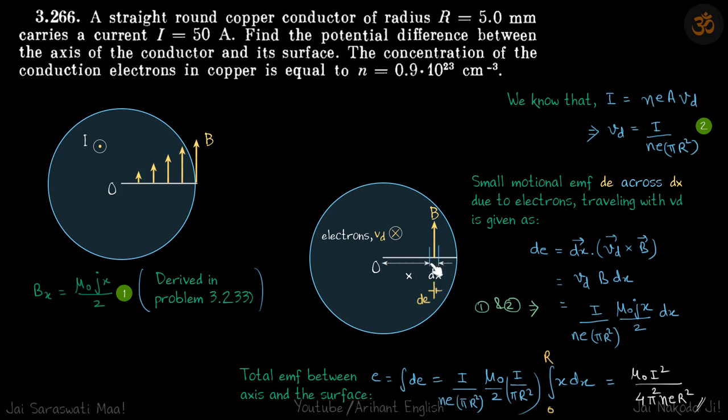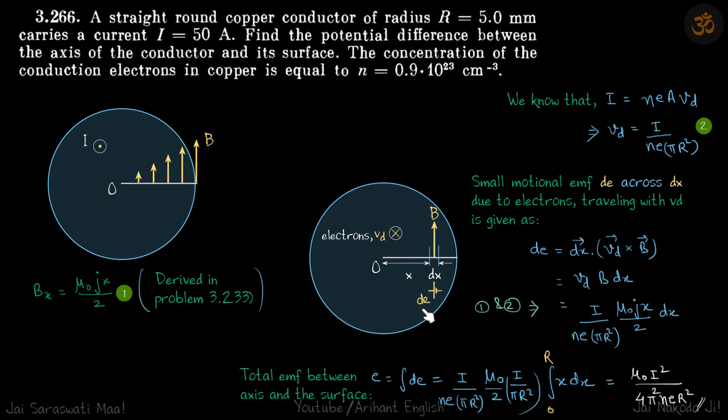So at a distance x, we consider a small length dx. So if the current is coming out of the plane, electrons are traveling inside the plane with velocity Vd. So if you use your right hand thumb rule and reverse the direction, you will get that the direction of induced EMF should be towards left.